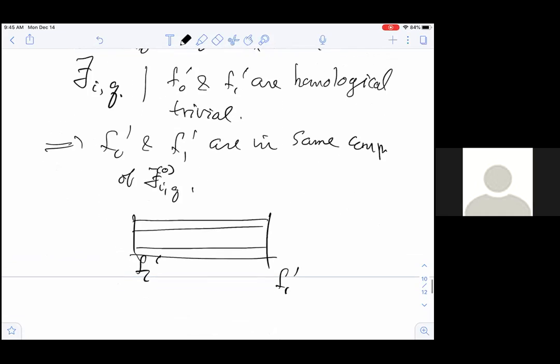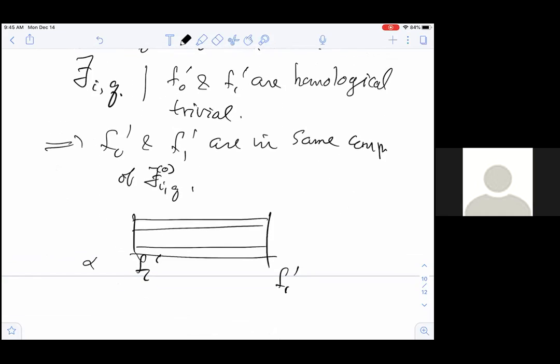Now I reverse what I did. I put an alpha 1, sorry, yeah, alpha 1 here, and an alpha naught here, and an alpha 1 inverse here.